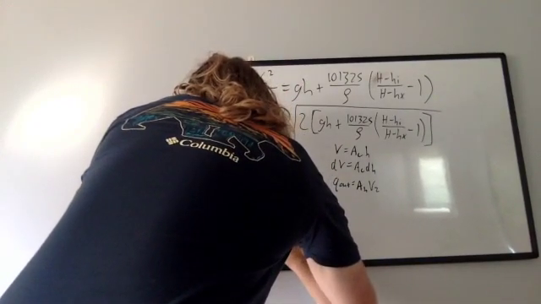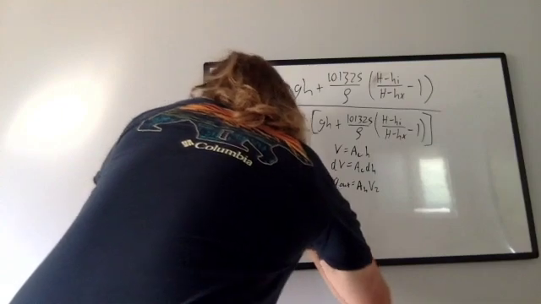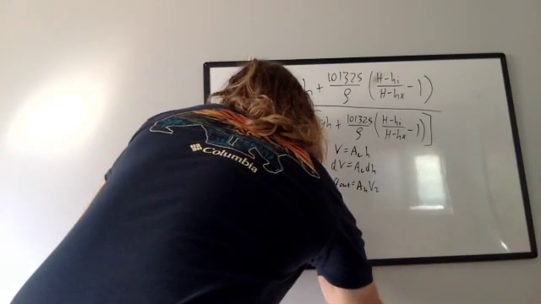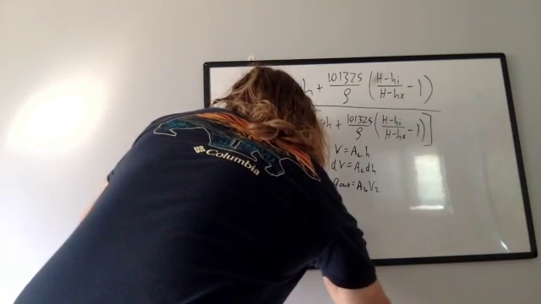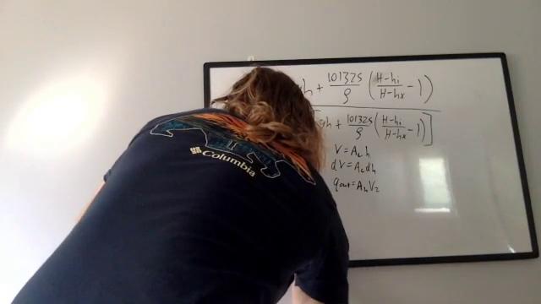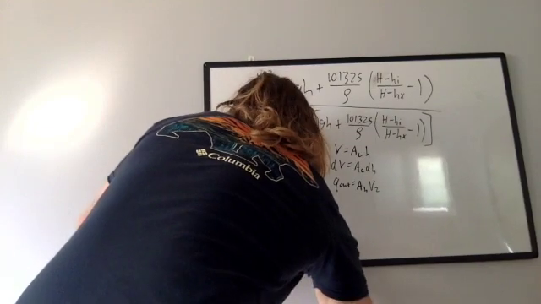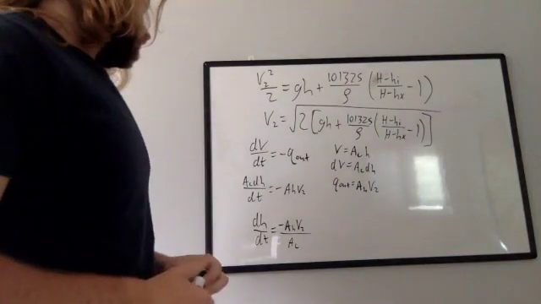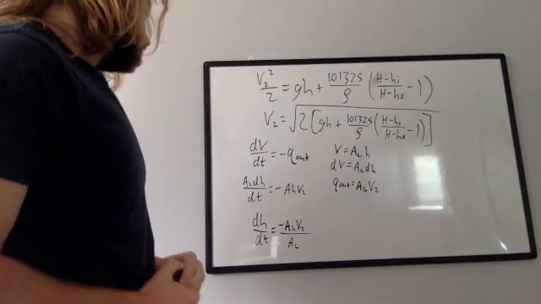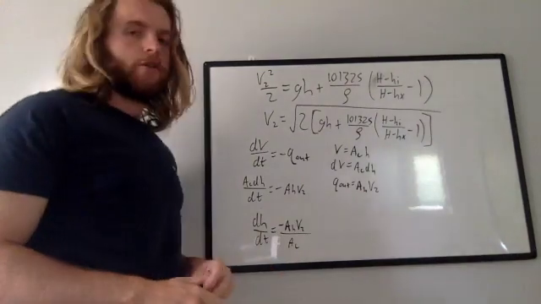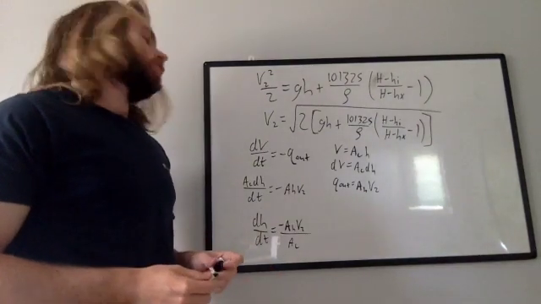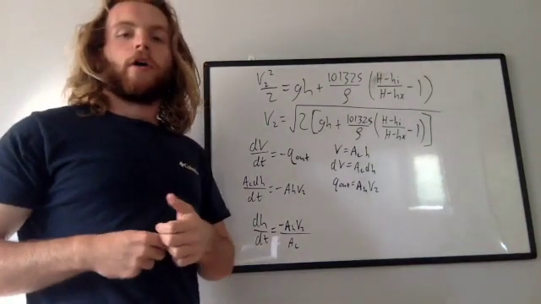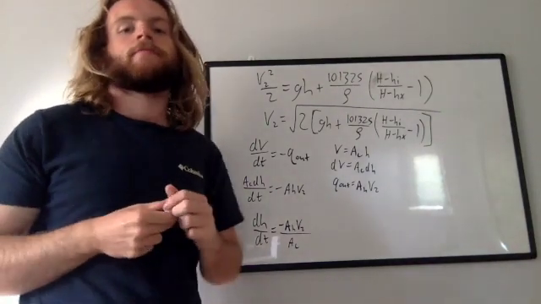We'll get dh/dt is equal to the negative product of the area of the hole multiplied by the velocity exiting, all over the area of the cylinder. And there you have it. This is going to be our differential expression that we're going to be using to solve for in Python and model using some graphing tools. And we'll go ahead and jump into that part of the video now.